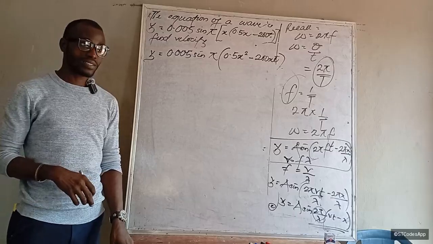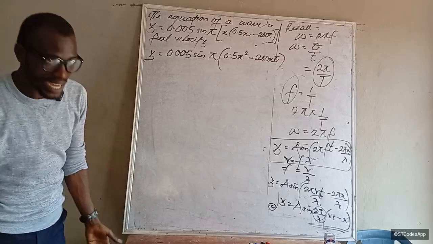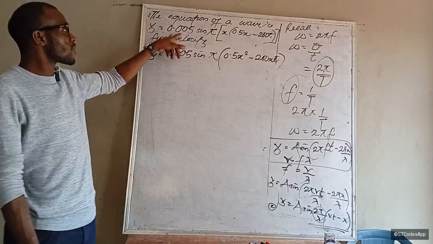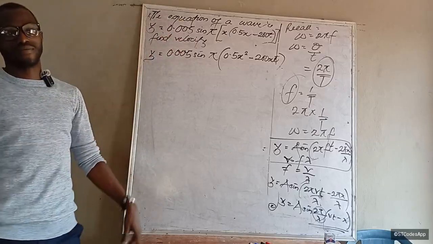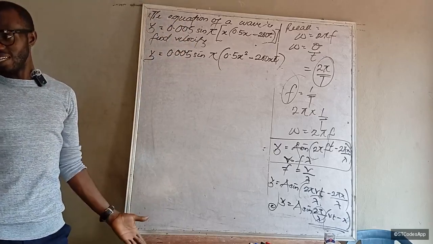That's the amplitude now. That will be 0.005. Is it right?